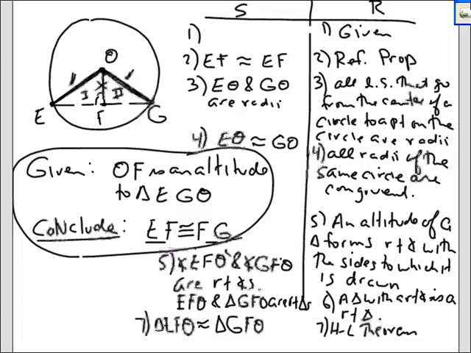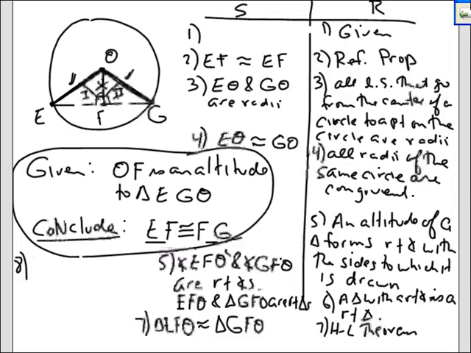Remember, so now we have right angles. Opposite the right angles are the hypotenuses, and they're equal. And they have a leg that is equal, namely OF.